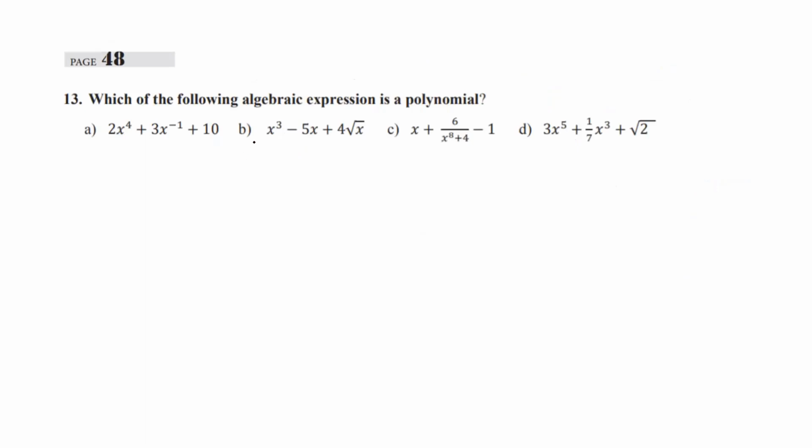Which of the following algebraic expressions is a polynomial? A polynomial is a sum or difference of monomials. So here it's the sum of 3 monomials: 1, 2, 3.